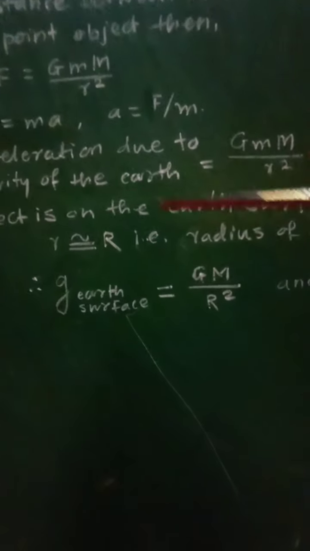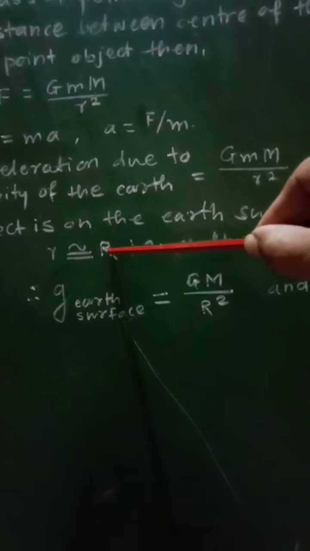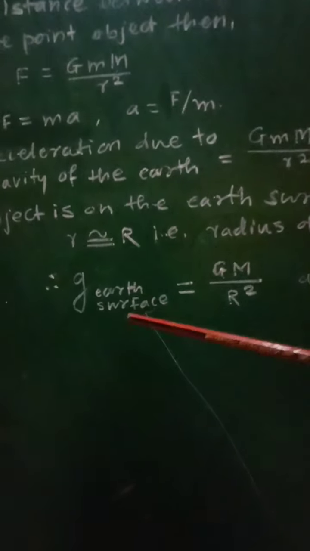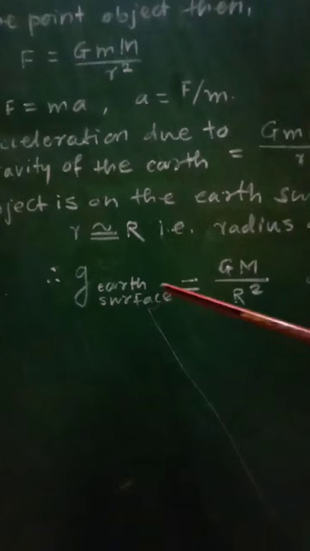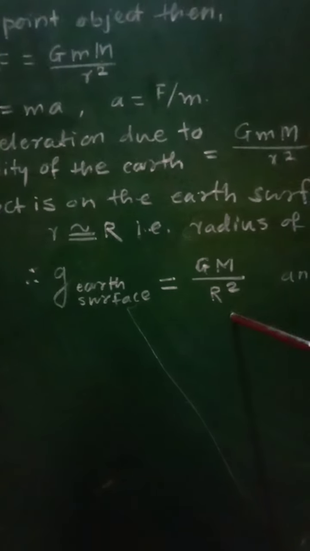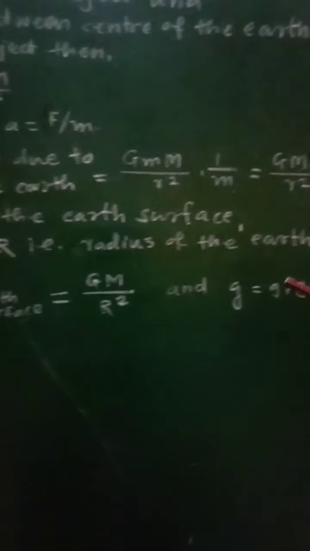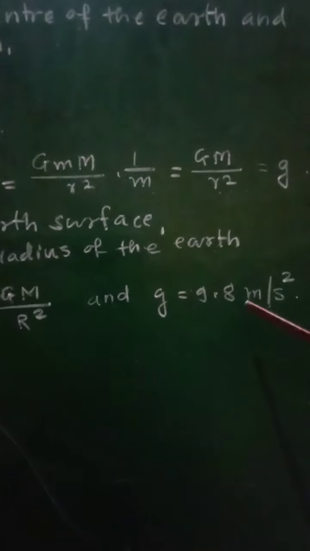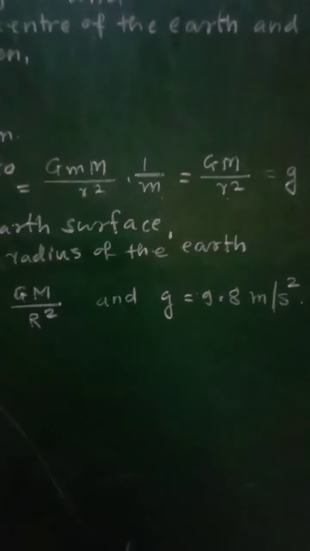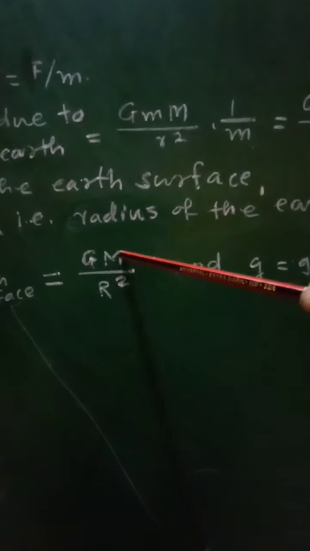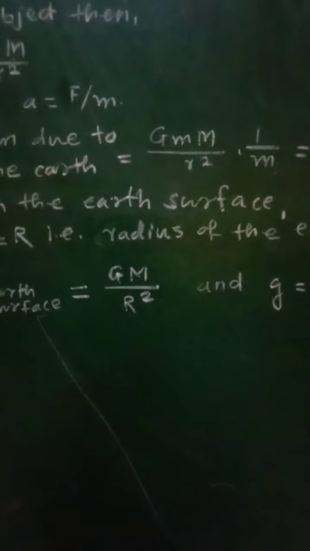If we replace small r by capital R, then g on the Earth's surface will be equal to GM by R square, whose value is g equal to 9.8 meter per second square. It will be calculated by putting the values of G, M and R in this formula.